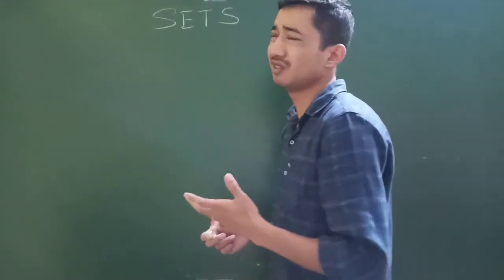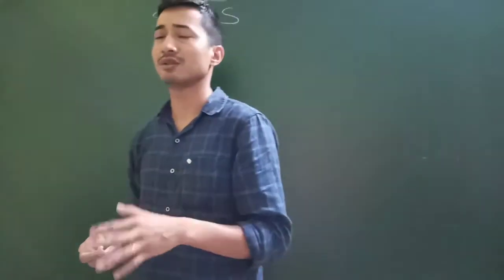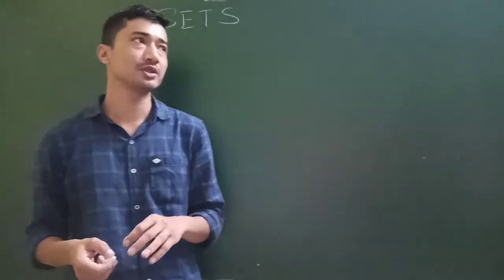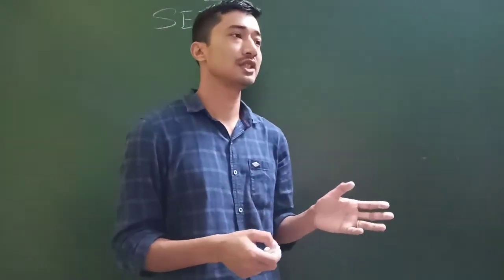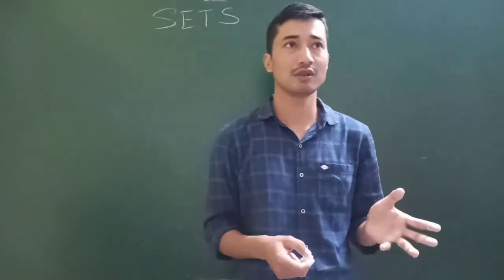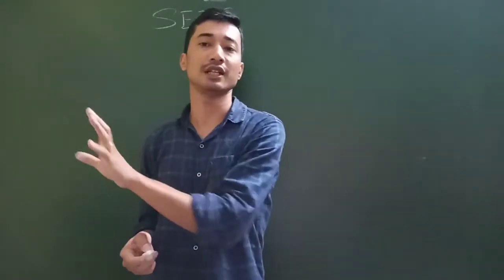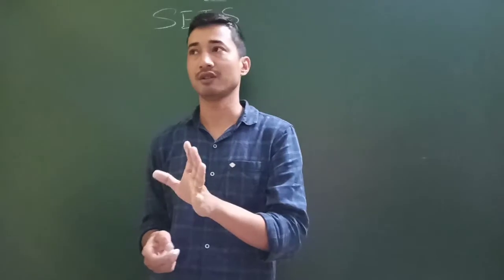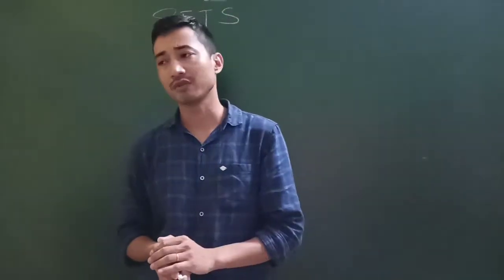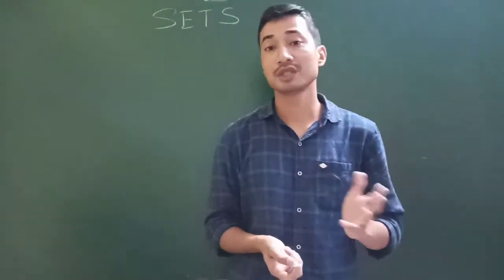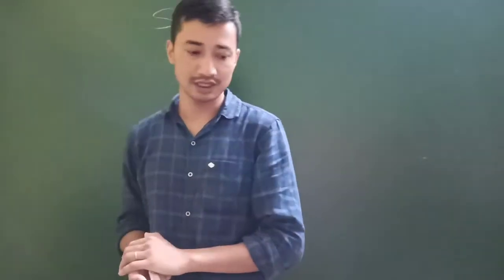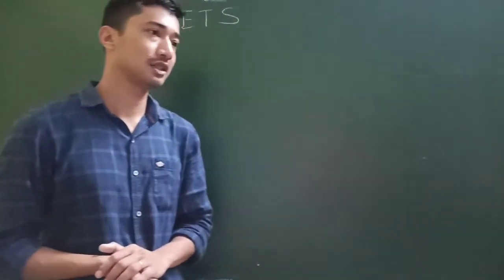Last video, we understood what is a set, a collection of well-defined objects, basically numbers and alphabets. Then we studied how to represent sets in two forms. One is the roster form, where we just write down the elements. The other one is the set builder form, where we explain things in words. And how do we denote the number of elements? What are called members and elements of a particular set? These were some of the things that we learned last class.